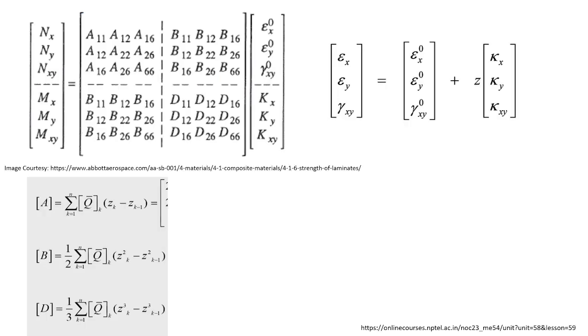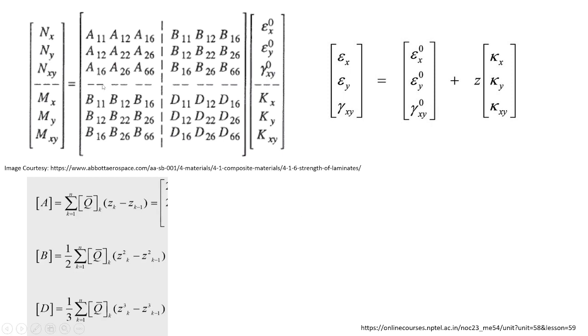Whenever we see a laminate, the first thing that should come to our mind is the ABBD matrix. The ABBD matrix is what defines the conditions of the whole laminate, and it forms the relation between the moment, the resultant force, the mid-plane strain, and the curvature of the whole laminate.